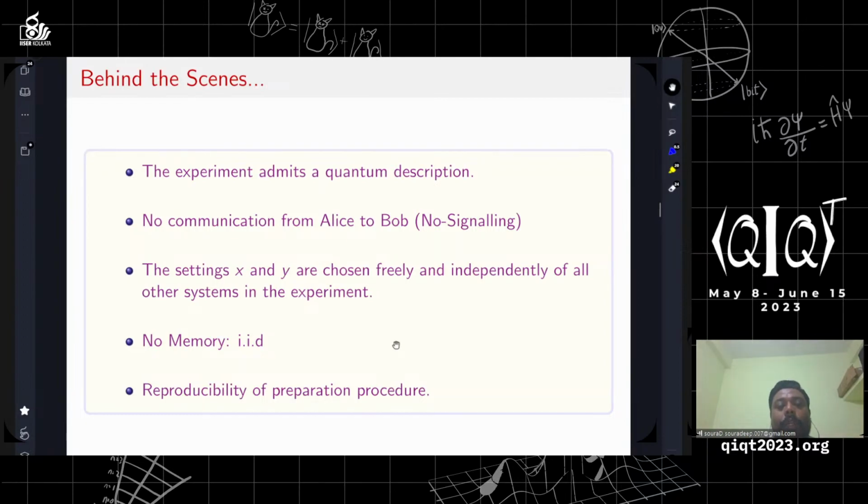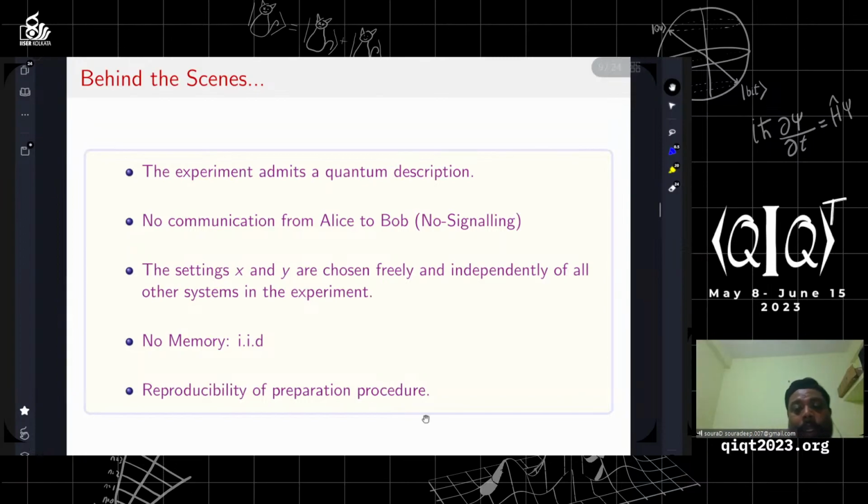Because it has been shown that if that choice is not free, then also without having any quantum correlation, quantum mechanics can violate a Bell inequality. And also there is no memory involved. That means each run of the experiment is independent, because collecting statistics needs each run to be independent. Otherwise, in our statistics, we have to tweak things in such a way that we can characterize whether memory is there or not. So it's a very different line of study.